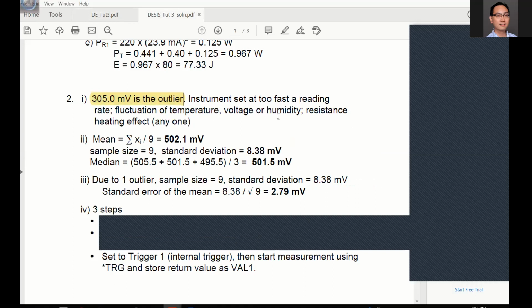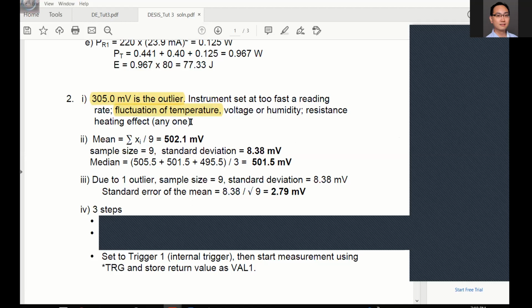If the instrument is set to read the value too fast, right? Now the outlier could happen because of many reasons. Things like fluctuation in your instrument, or you are in an outdoor field environment. Could be electromagnetic interference also, but not stated here.